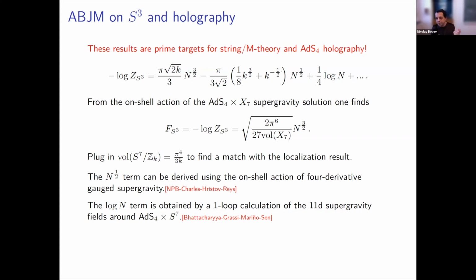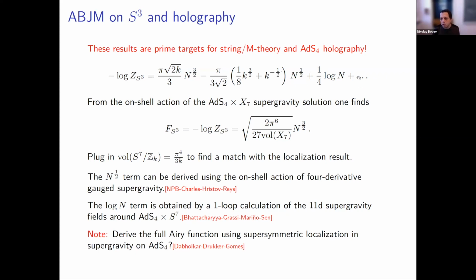You treat them as weakly coupled quantum fields, and you let them run in a loop. And the one-loop path integral, if you do it carefully, will give you this 1/4 log n. And that's it. Essentially, we don't know how to compute anything else in the bulk. We know all of them from the field theory answer, but at the moment, as far as I know, they have not been computed from the bulk.